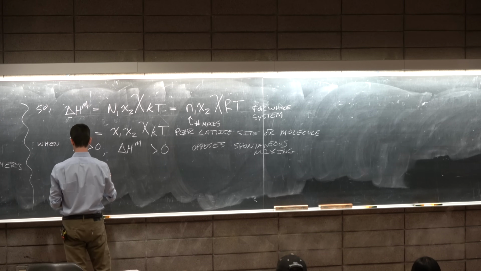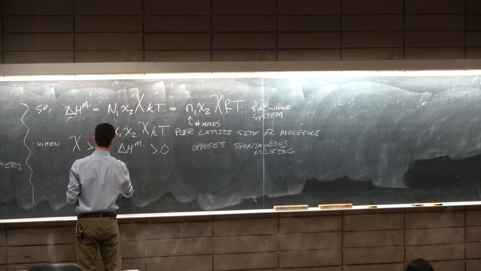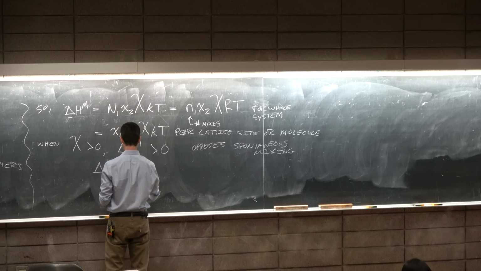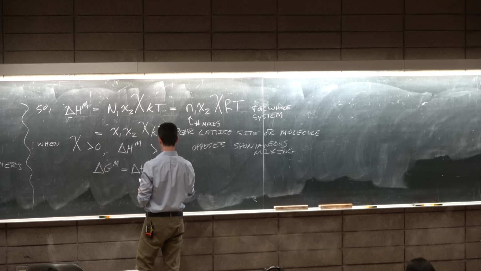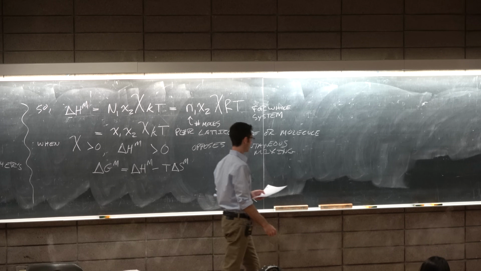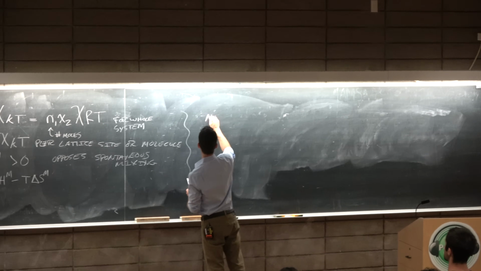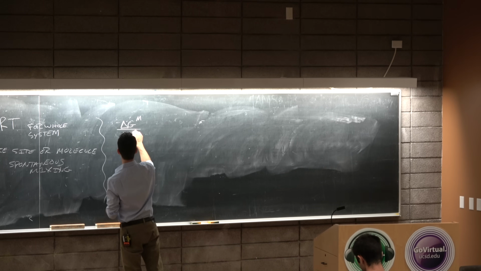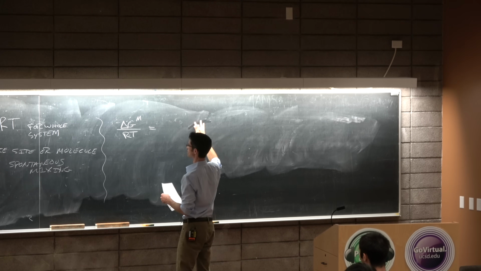And if we use the Gibbs free energy equation, delta G equals delta H m minus T delta S m. We have a total expression delta G m over RT equals, this is the final result.